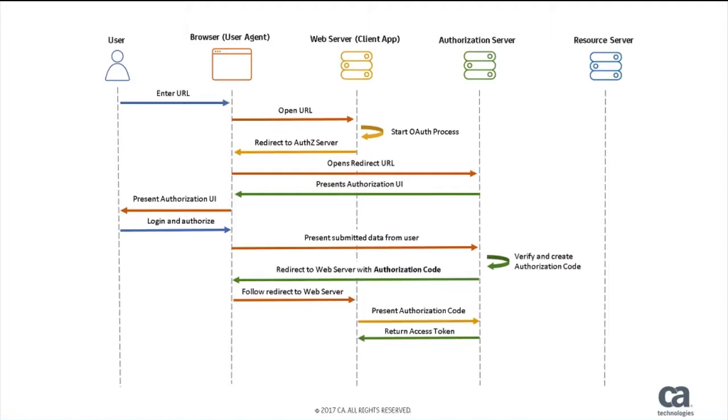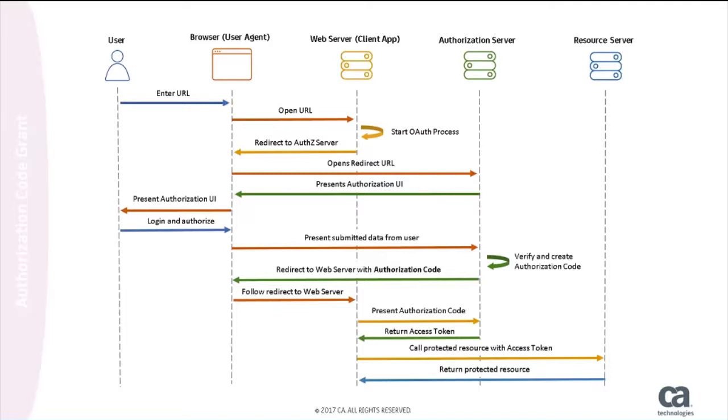So the client app is exchanging the authorization code for an access token. It will switch. This access token will give the client app access to the protected resource, and with the access token sent, the client app will receive the protected resource, which may be some of your data you will get back, and it's passed back to the browser, and the user will see it.